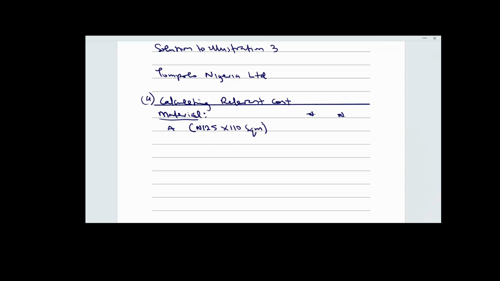Give it to me. 125 multiplied by 110. What do you have there? Yes. What do you have? 13,750. Thank you. 13,750. That's the cost that the company will incur on material A. Move on to the question.